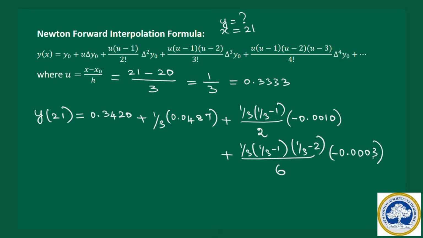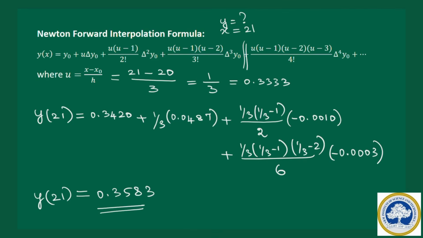So if you notice the table, in that table we have the last difference as delta cube y naught, so no need to proceed further. So we can stop the formula at delta cube itself. Okay. So now if we calculate, we'll get the answer as 0.3583, and this is the value of y of 21.